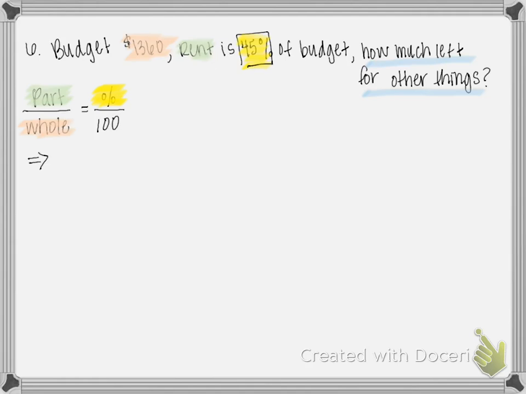So for part, that's what we're trying to figure out. Our whole is $1360. It equals our percent, which is 45 over the 100. That's from our formula. And of course, we'll cross multiply.